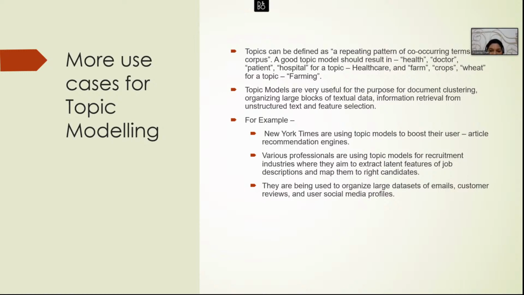And recruitment industries use it to extract information from your resume and map you to particular job openings. And of course, in all the social media engines for mapping your tastes or recommendations or products or customer behavior to particular behavior patterns.